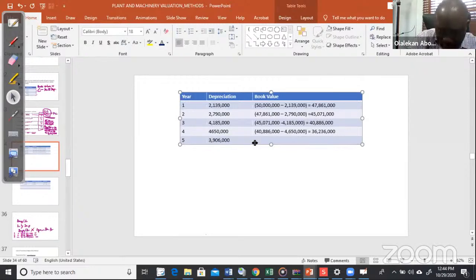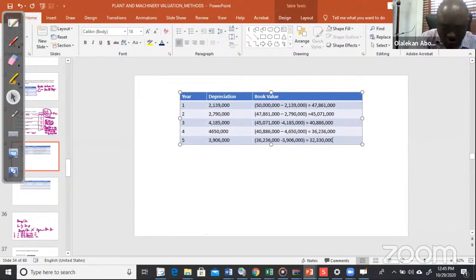Remove it from 36,236,000, minus 3,906,000. What's the answer? 32,330,000.